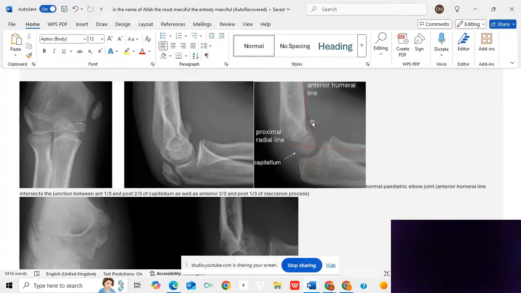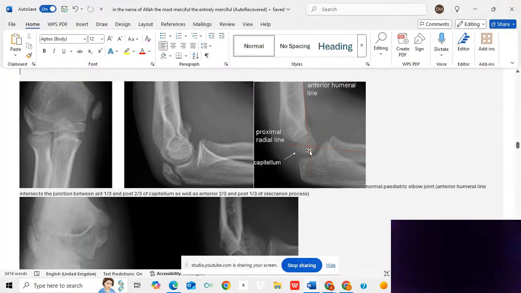So how to deal with this problem? Okay, don't depend only on the anterior fat pad sign. Depend on another sign, which is anterior humeral line. Anterior humeral line sign. Okay, so what is the normal? The normal is that if you draw the anterior humeral line like this, it should intersect the capitulum and the olecranon process in a certain way.